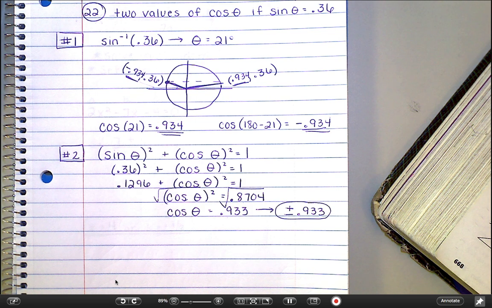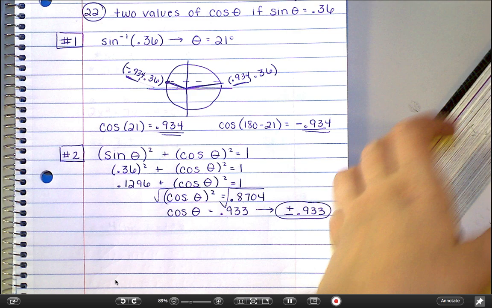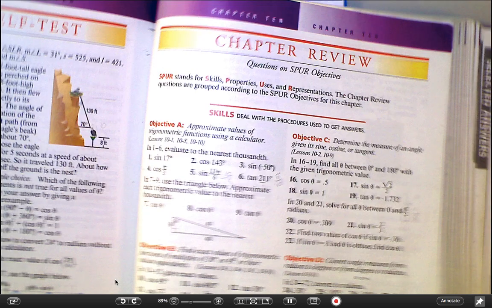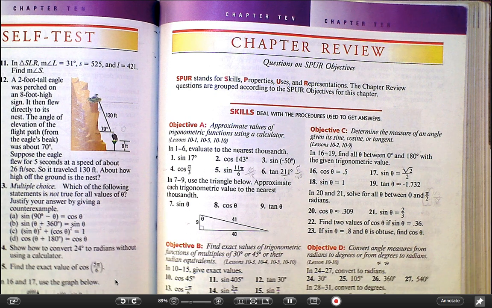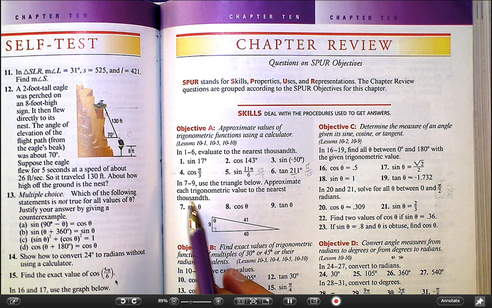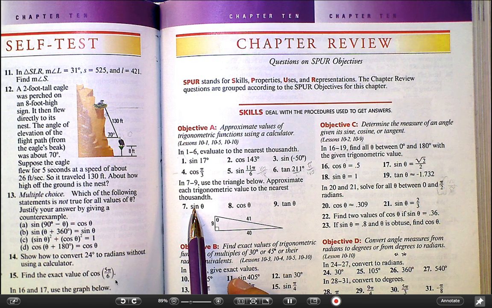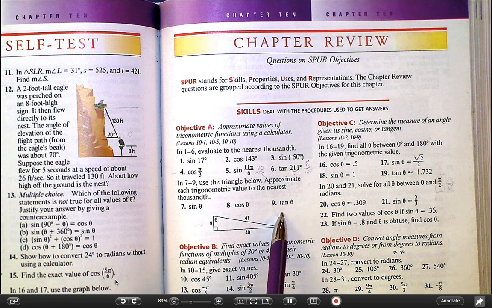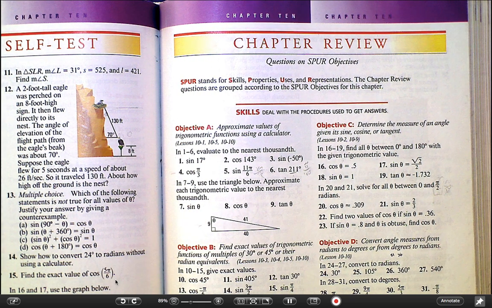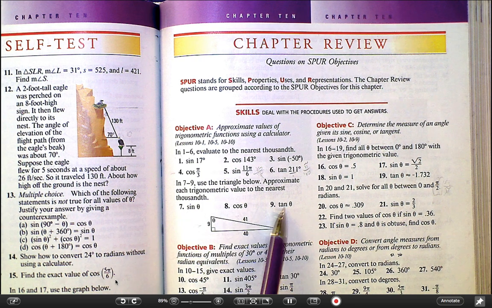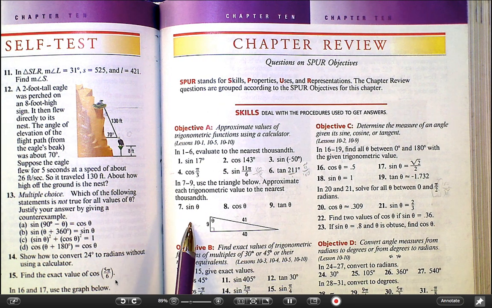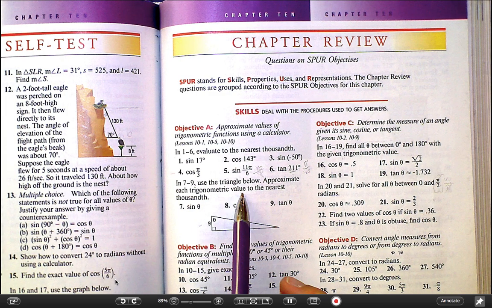Okay. I think that was it, and nobody submitted any more questions that they were asking me to go over. I guess one more thing I will clarify real quick, just because, again, this is what I started with today. If you look at like 7 through 9 over here in the chapter review, this is asking you for the sine of theta and the cosine of theta and the tangent of theta. All of those things are fractions. This is asking you, give me a fraction, give me a ratio, approximate the trigonometric value.